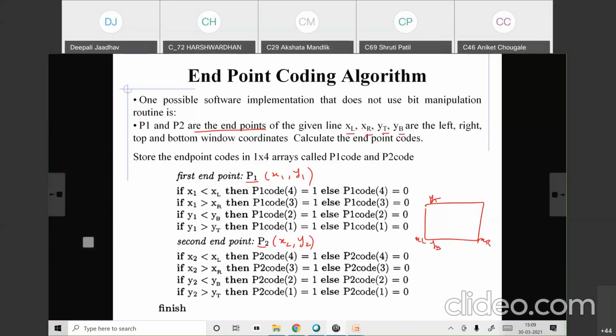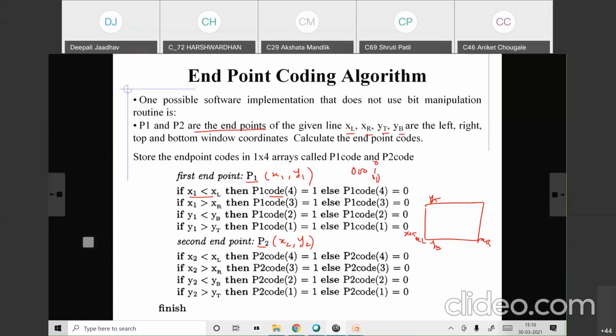If x1 is less than xl, again the same as what we have seen in the simple visibility algorithm, then the fourth bit is 1, else it is 0.